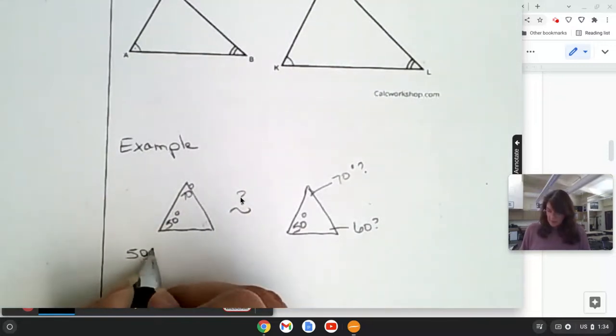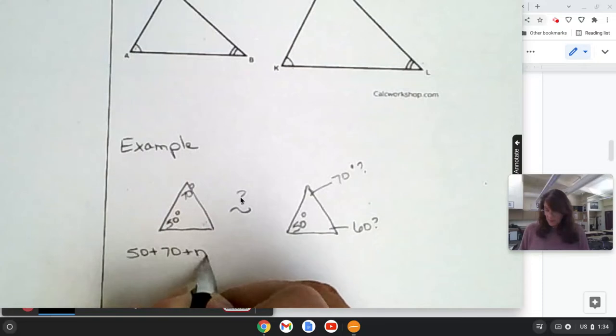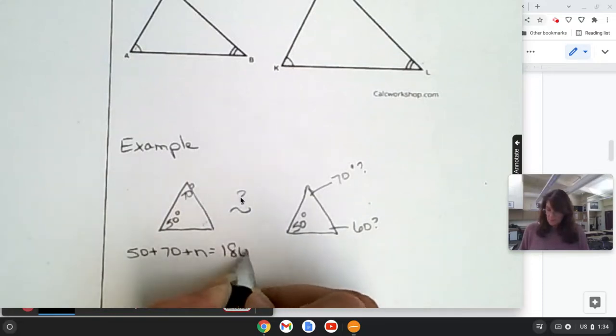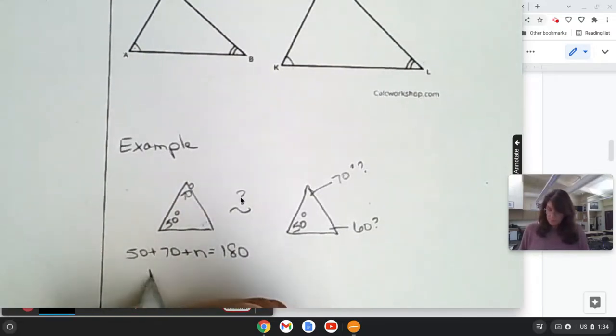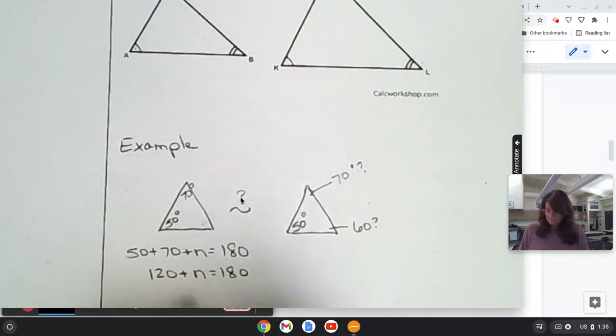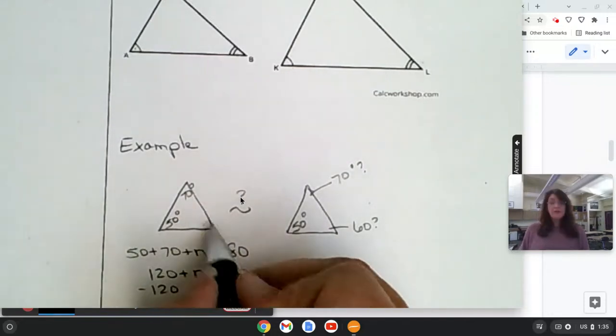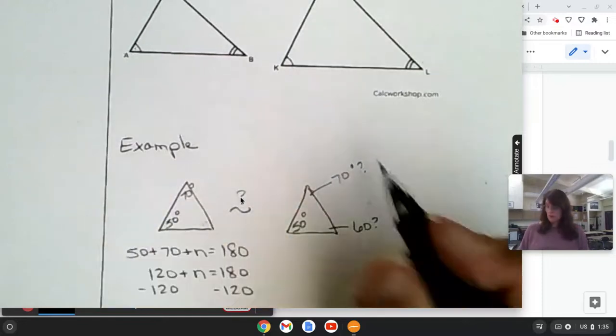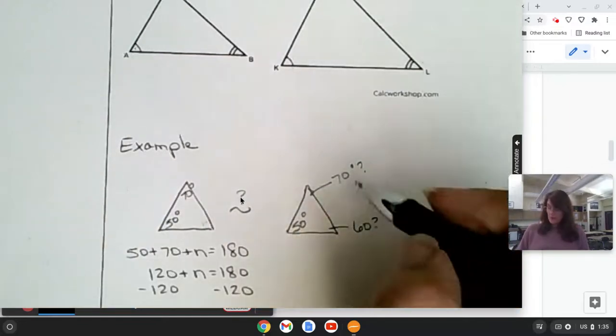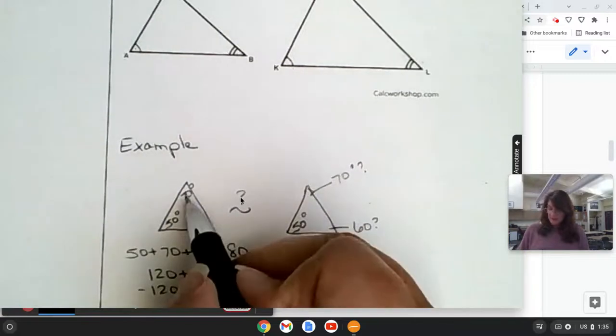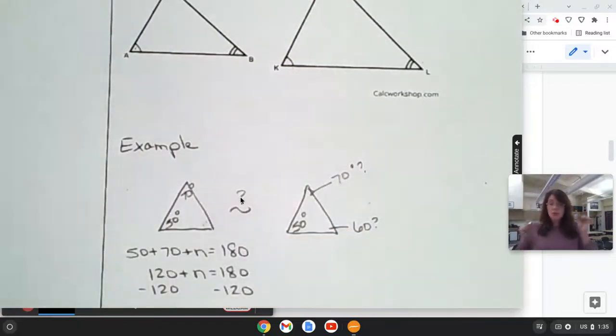Because 50 plus 70 plus the unknown angle must total 180. So I can find the third one when I have only two. But if I have only one, I'm going to have to prove one of these. If two of the angles turn out to be congruent, it is similar.